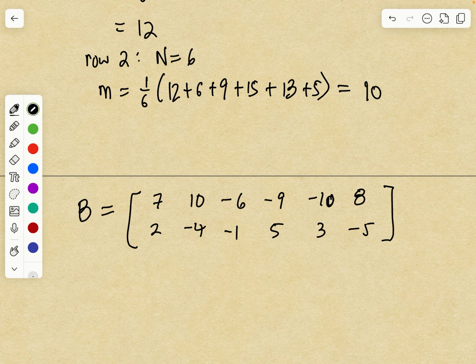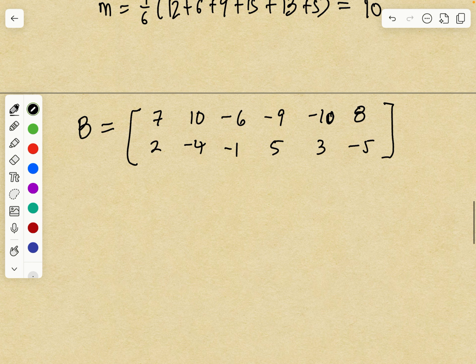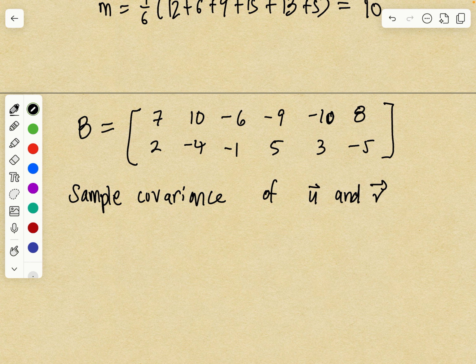But actually, the sample variance is an example of something called the sample covariance. So let's say I have two vectors, both with mean 0, and let's say that these are in Rn.